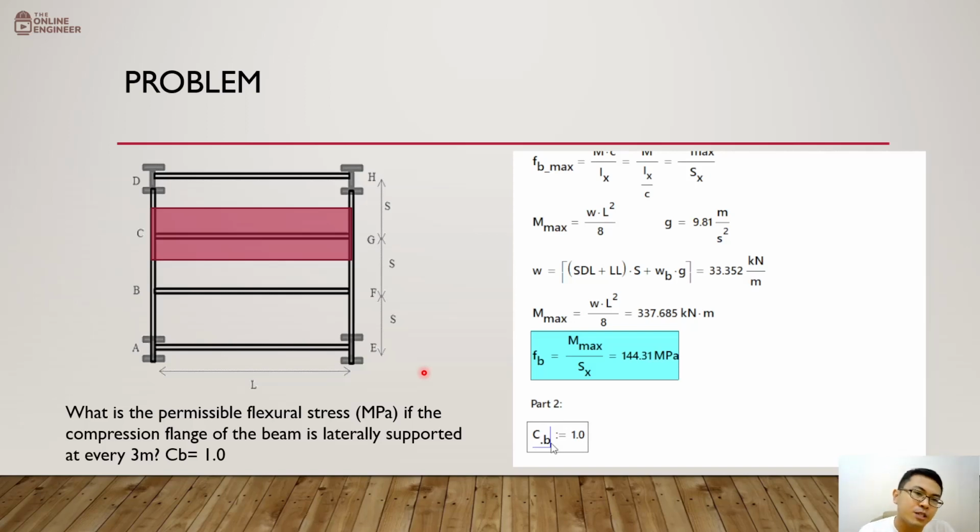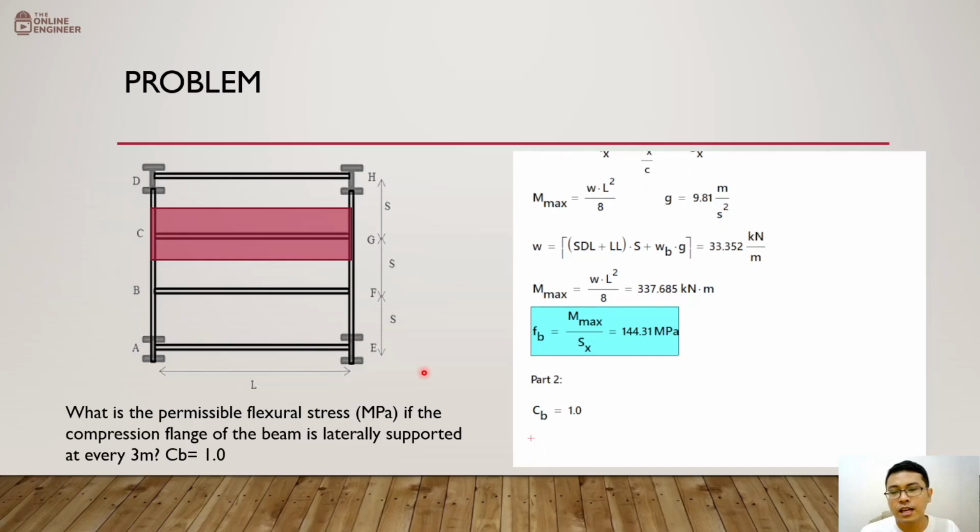It has its own value, and there are specific instances or situations where we could just consider CB to be equal to 1. In this case, since it is clearly mentioned that we're going to use CB equals 1, there's no need for us to evaluate under what condition this falls. As long as it's mentioned in the problem to use CB equals 1, we just apply that right away.